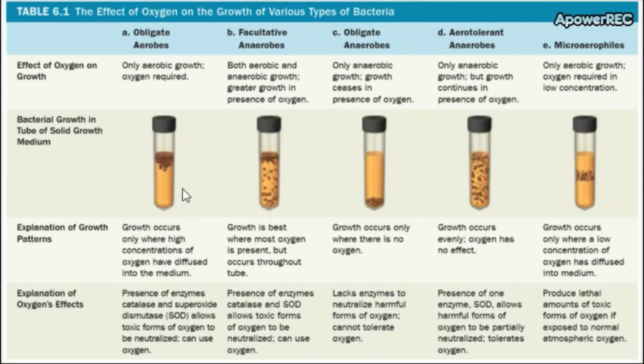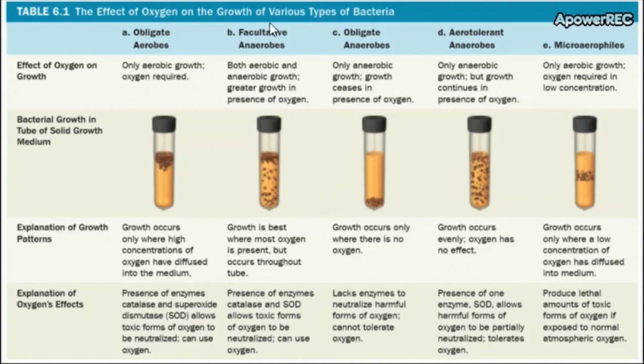The reason for that is where there are high concentrations of oxygen that diffuse through the atmosphere into the solution is where you're going to find those cells. And the reason why they do so well is they have those two enzymes we talked about, the superoxide dismutase, abbreviated as SOD, and catalase.